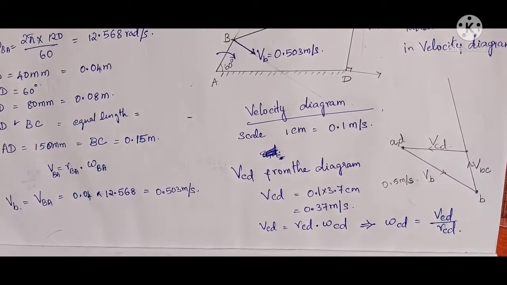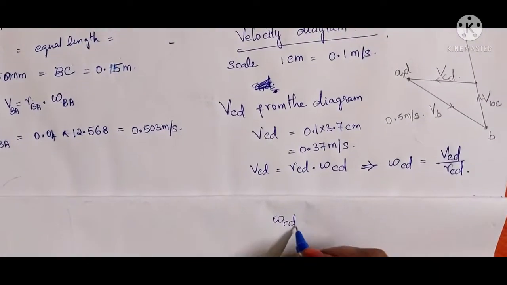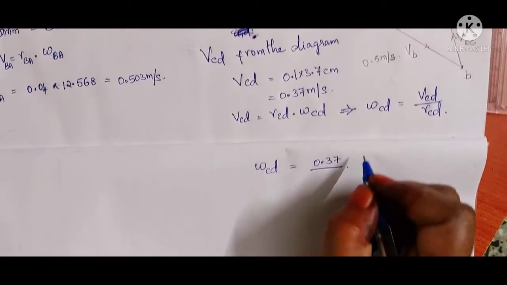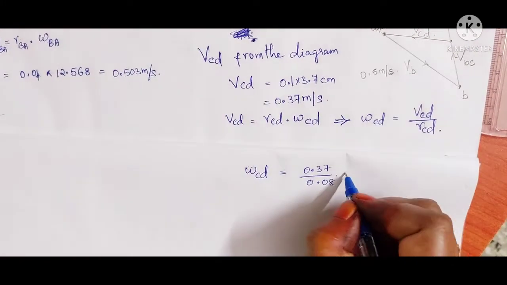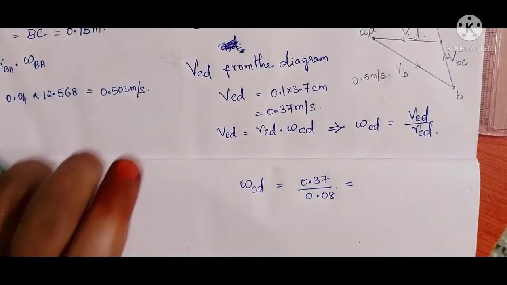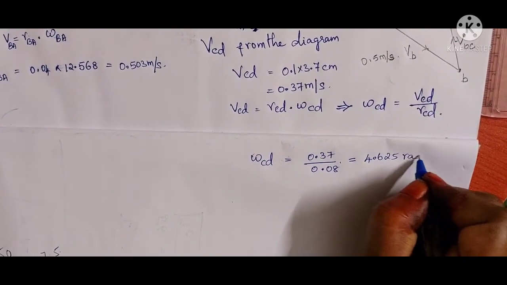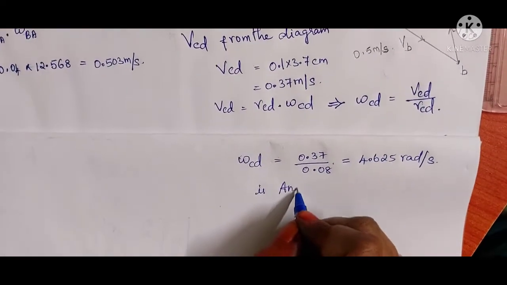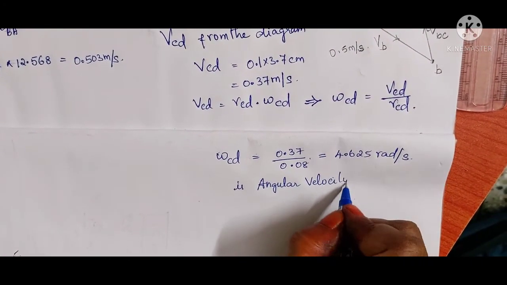So omega CD equals 0.37 divided by 0.08 meters. By calculating this, we get the angular velocity of CD: 4.625 radians per second is the angular velocity of the link CD. The problem is over.